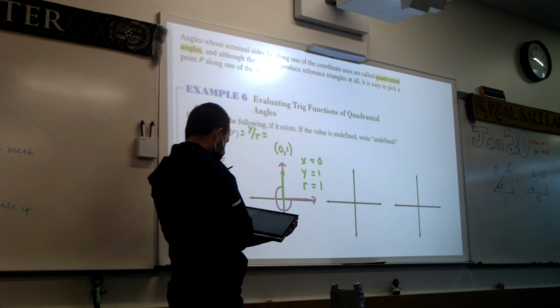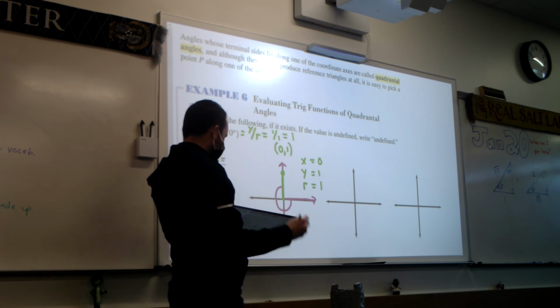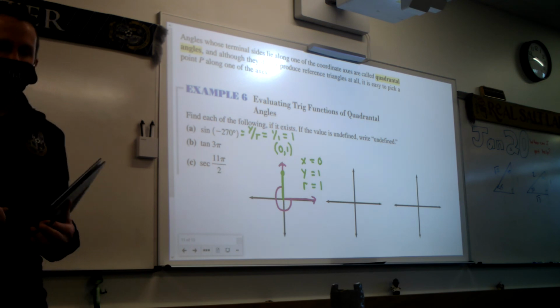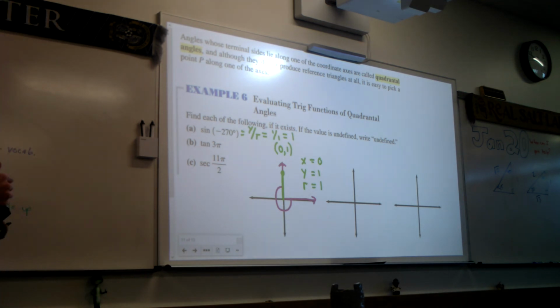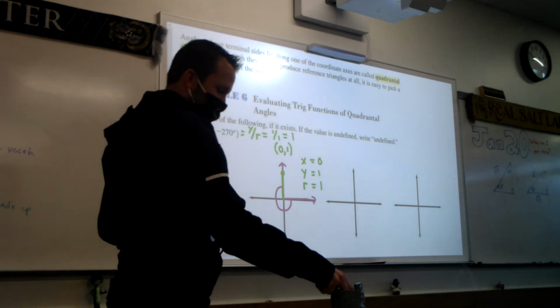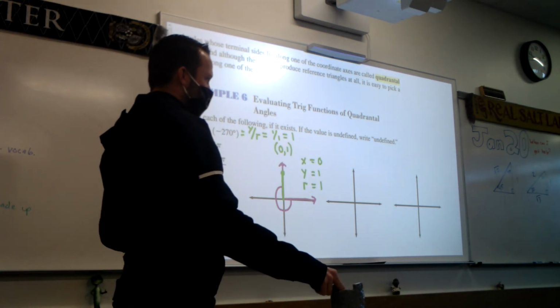What did we say y was? And we're going to divide by r, which is 1. And 1 over 1 is 1. Now, you can check that real quick on your calculator. Sine negative 270. Put that in and see if it gives you 1. Did it work? Awesome.